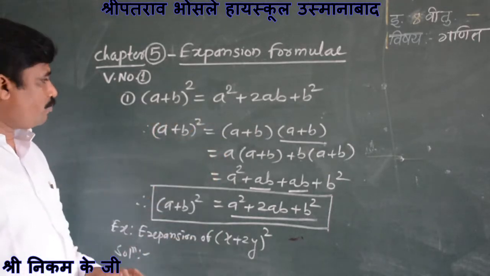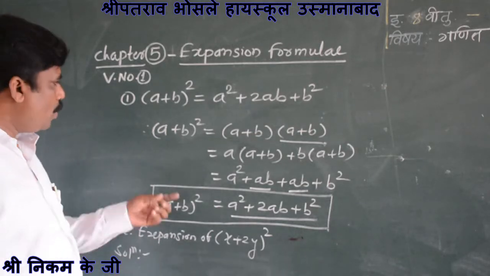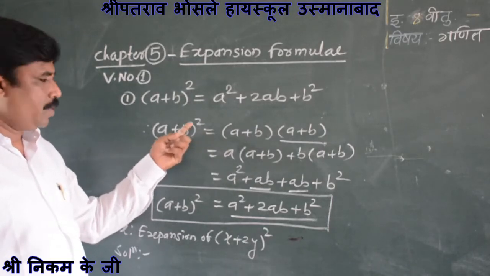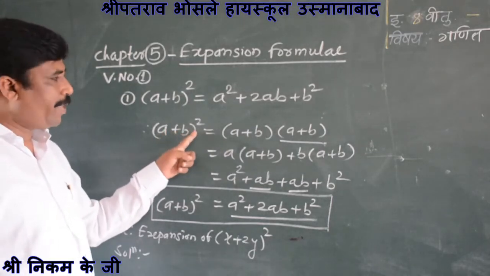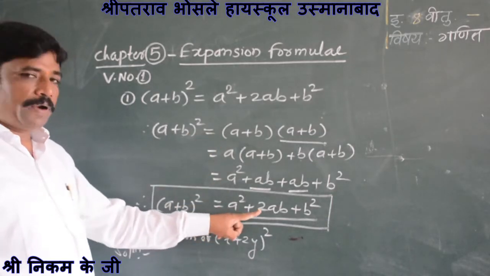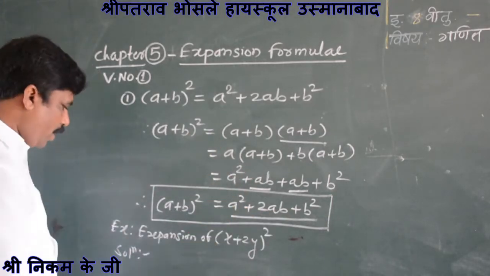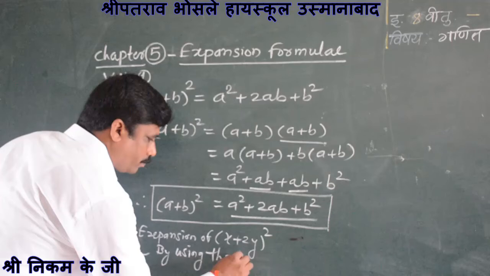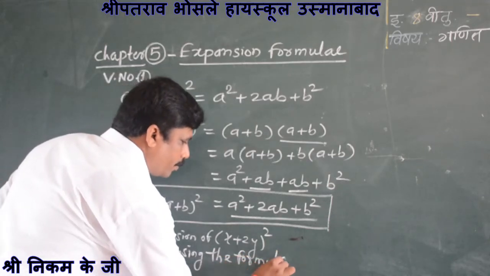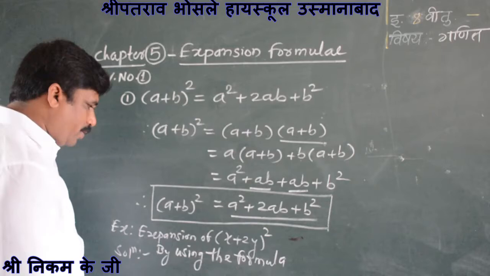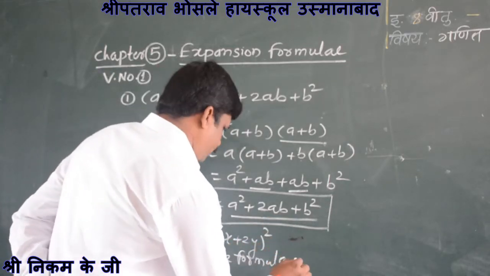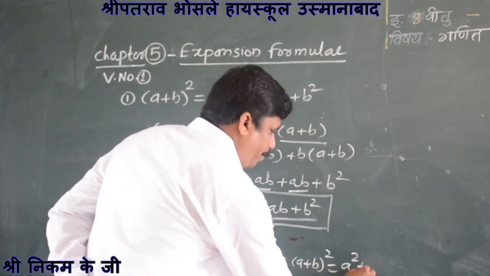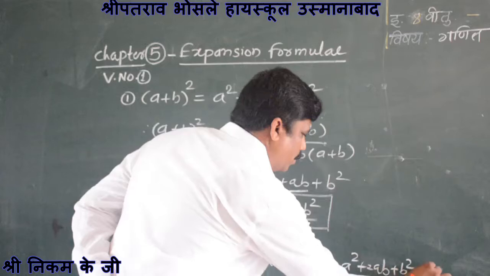Here, by using the expansion formula, first term plus second term whole square is equal to a square plus 2ab plus b square. By using the formula, (a plus b) square is equal to a square plus 2ab plus b square.